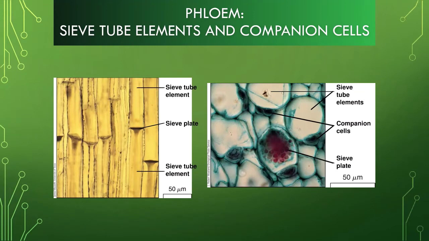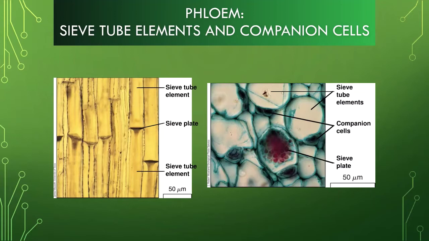So again, these are living cells in the phloem. Unlike the xylem, which we said was dead, the tracheids and vessel elements, the sieve tube elements are alive, but they do lack the nucleus and other organelles at maturity. And then at the end of their cells is a plate referred to as a sieve plate.